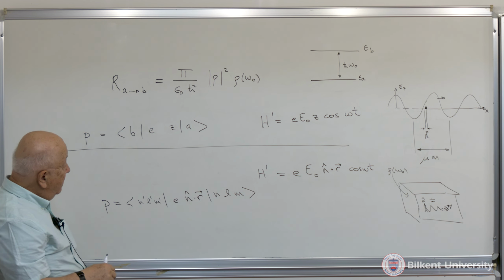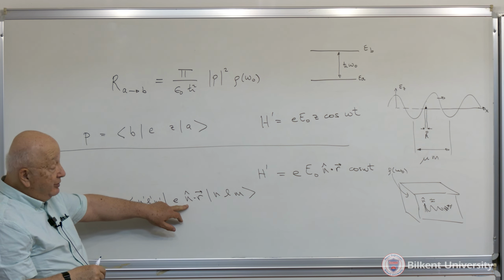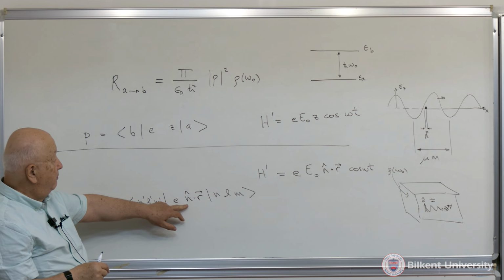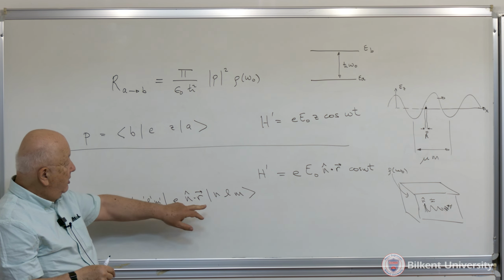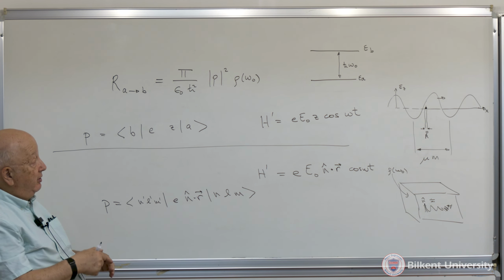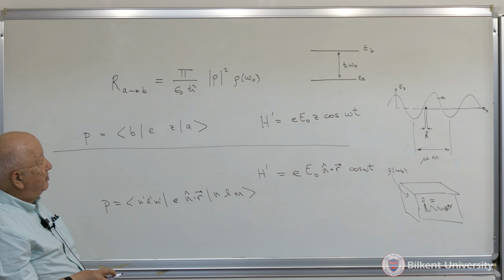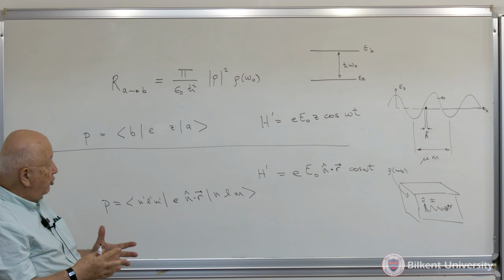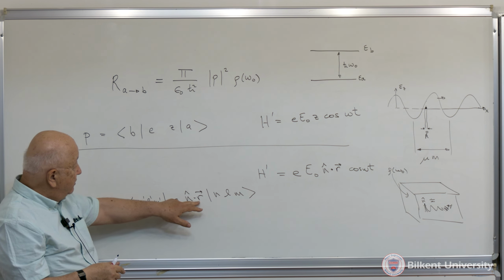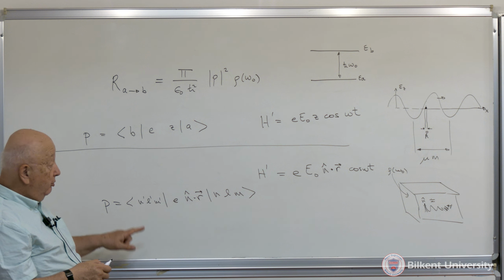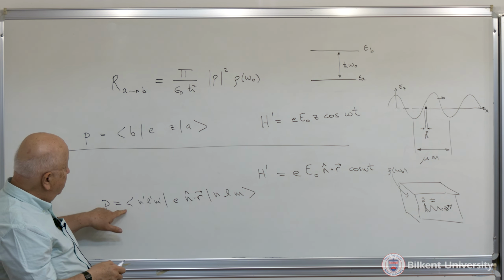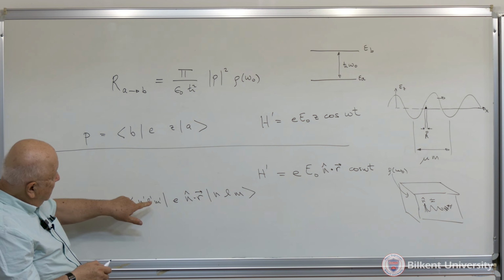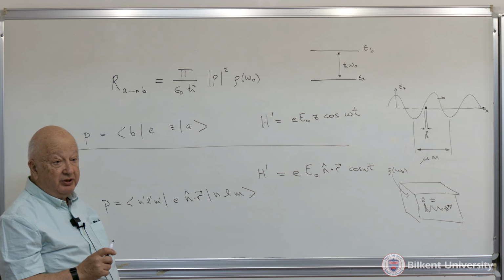So in an electromagnetic wave with a certain definite polarization, r can be the position of the electron in this xyz coordinate system, and that's what I'm going to consider as the matrix element between the final state and the initial state.